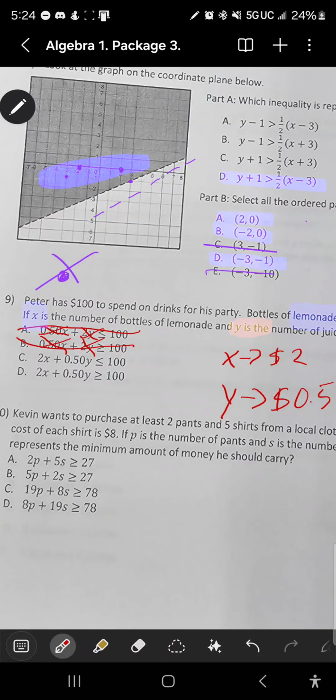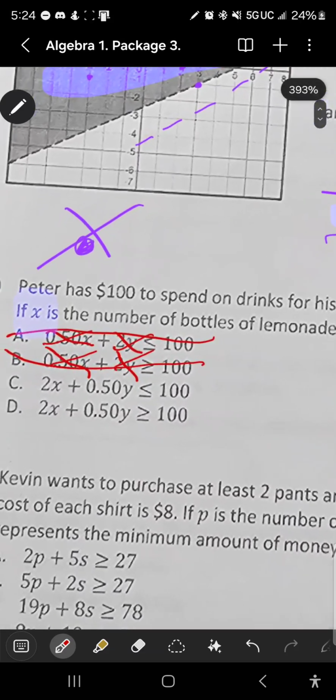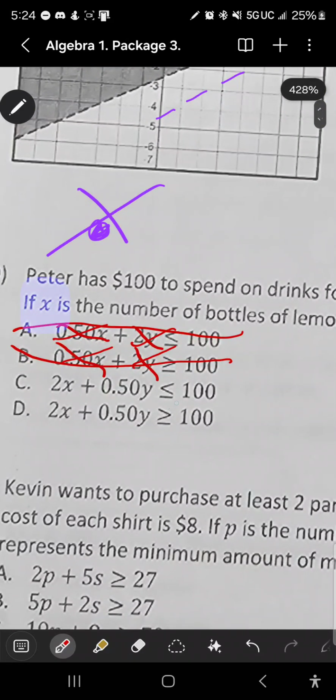Now, we see that Peter has $100, which means he can spend any amount from $0 to $100 for his party. So this is the amount of juice and lemonade, and this is the money.